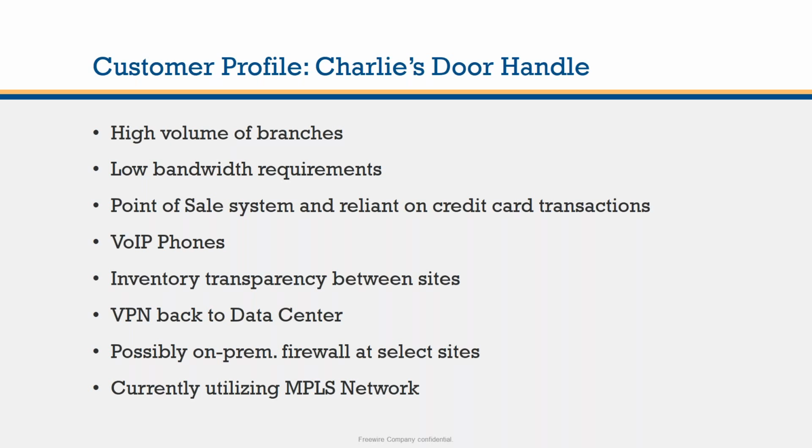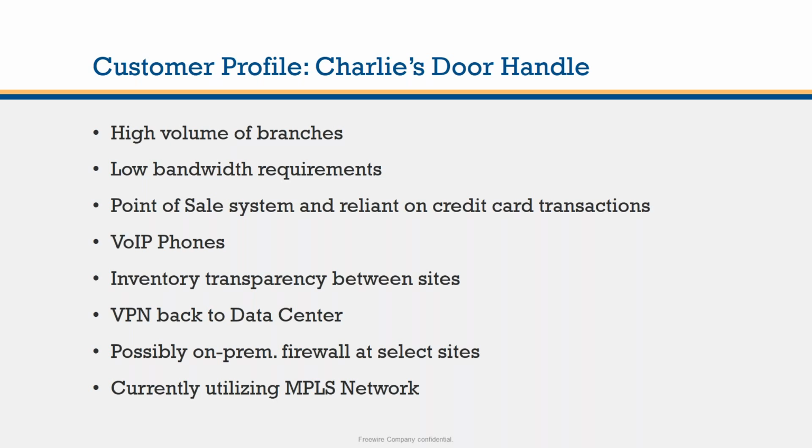They've got a point of sale system that is absolutely vital to their business operations. And if at any point during business hours that POS goes down due to connection problems, that means lost dollars for the company. They're running VoIP phones from site to site. They need to have inventory transparency. So branch locations need to be able to communicate on a real-time basis with other stores to see if they've got that inventory, or with warehouses to see if they've got that inventory if they're ever running low.